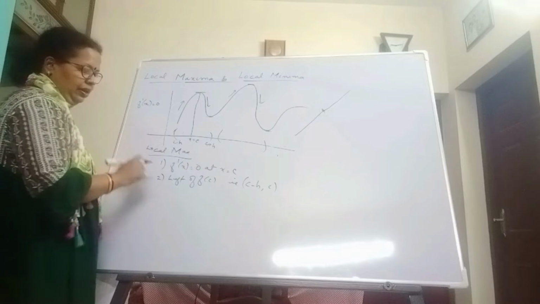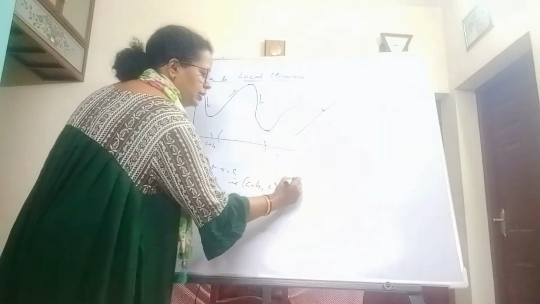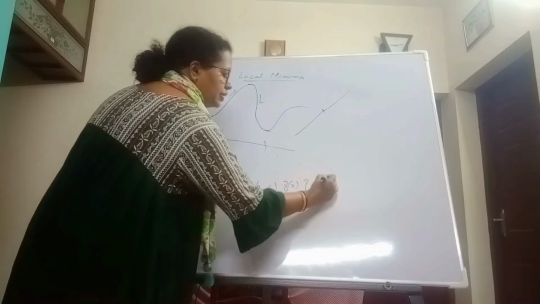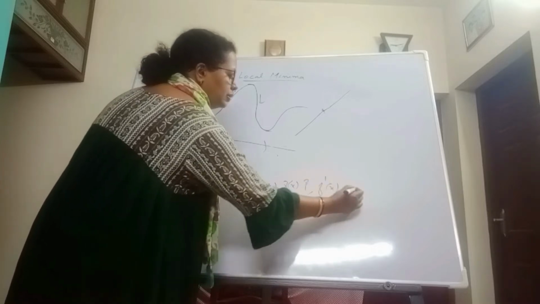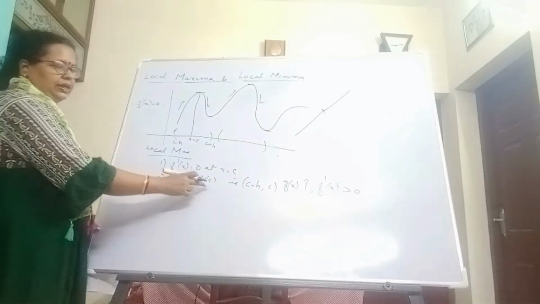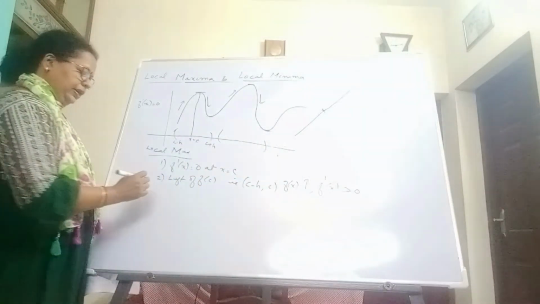In this interval, f of x should be increasing. F of x is increasing means f dash x greater than 0. This is the second condition. On the left side of f of c, f dash x should be greater than 0.